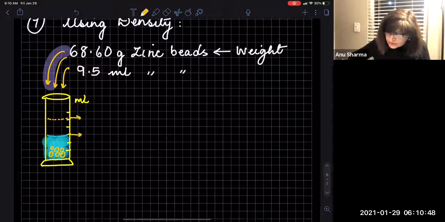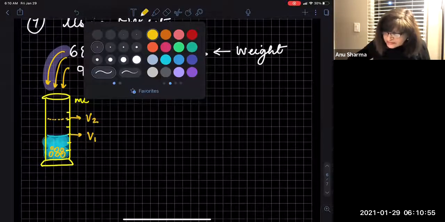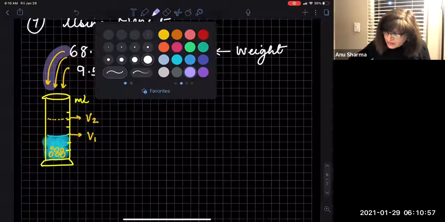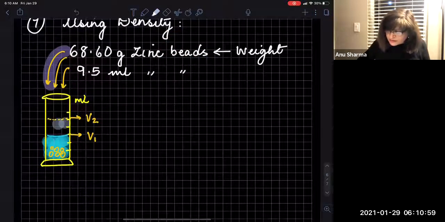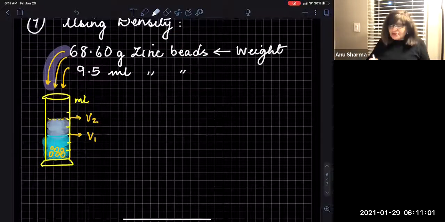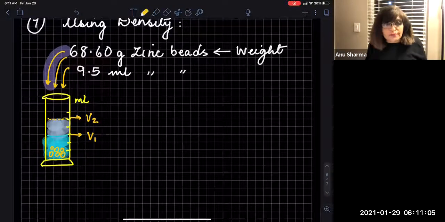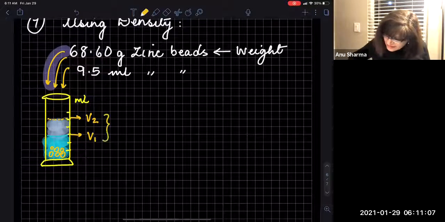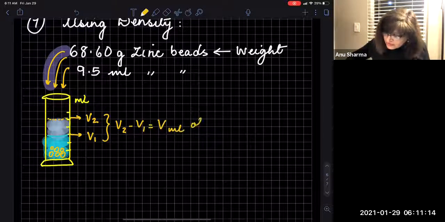This was the initial volume, volume 1, and this is the final volume, volume 2. The amount the water rises depends on the amount of space the object is occupying. So it's basically V2 minus V1, and that gives you the volume in milliliters of the object.